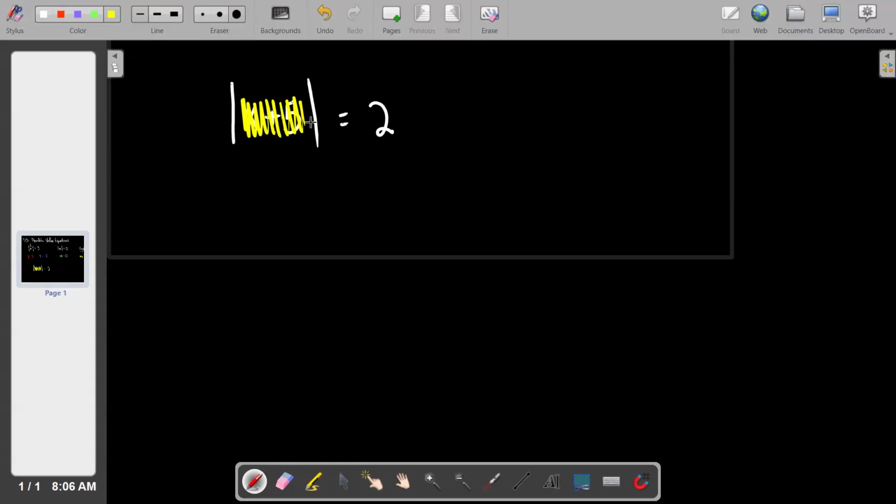Okay, good. So we would all agree that whatever's hiding under the yellow mess either equals 2 or it equals -2. We agree? Okay.